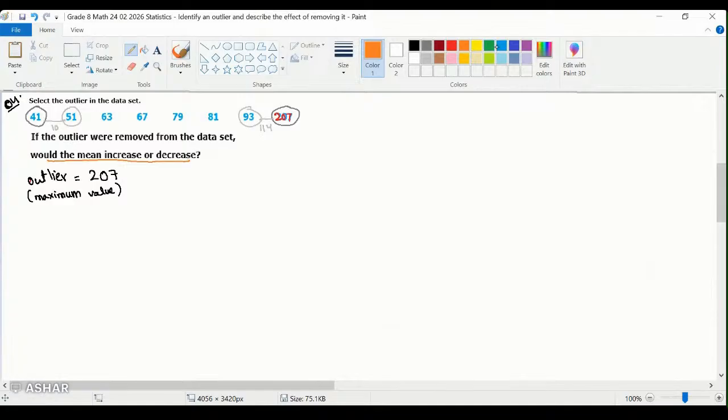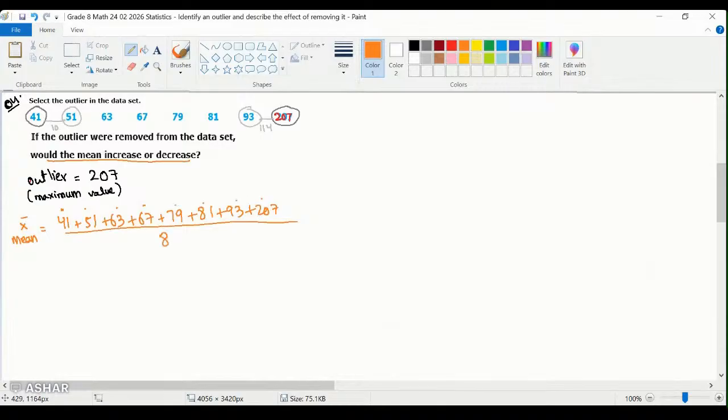Let's do it with the mean and without, with the outlier and without. If we need to find the mean with the outlier, that means 41, 51, 63, 67, 79, 81, 93, and 207 divided by how many values were there? 1, 2, 3, 4, 5, 6, 7, 8. 8 values.